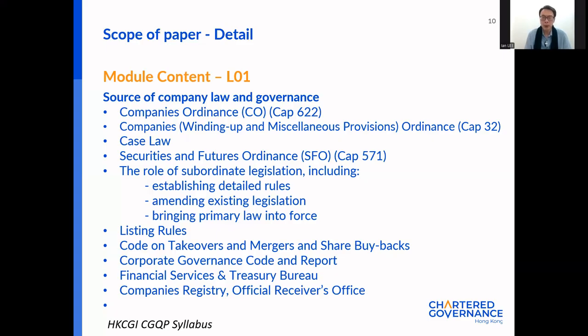Is that it? Probably not. I will probably go a bit further. The landmark court case normally, for each topic, will give you the general principles. Okay, you have a separate legal entity. Let's continue with this example. Okay, but of course, quite often there are also exceptions to the general principles. So using this example, I set up a company. So the company and the owner, let's say me, we are separate legal entity.